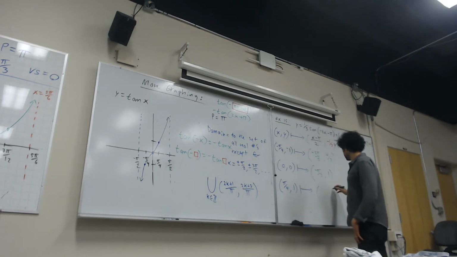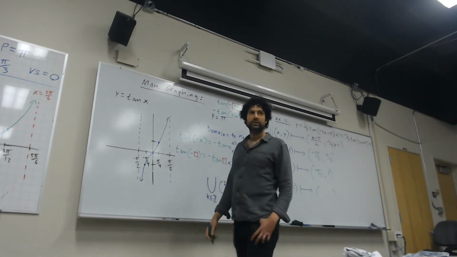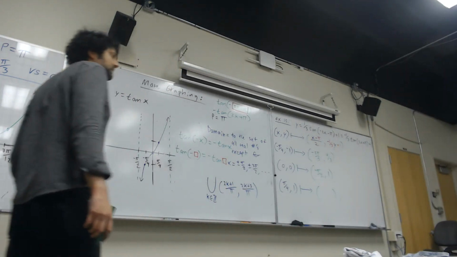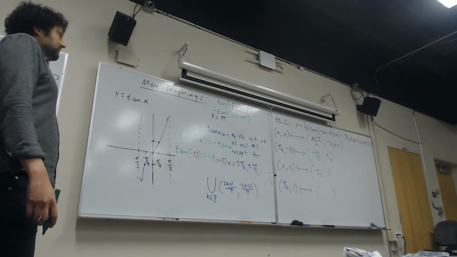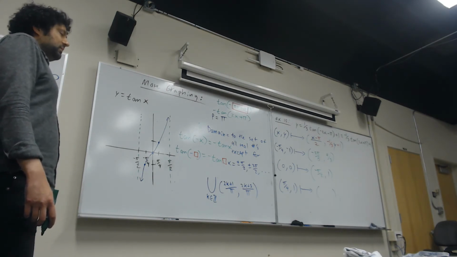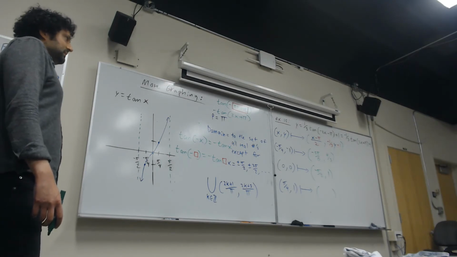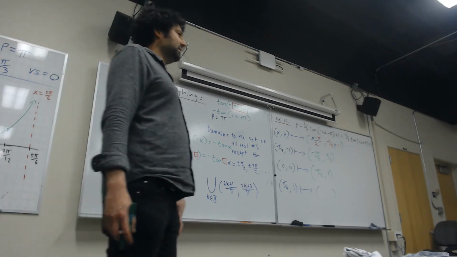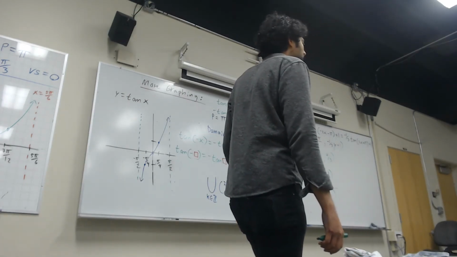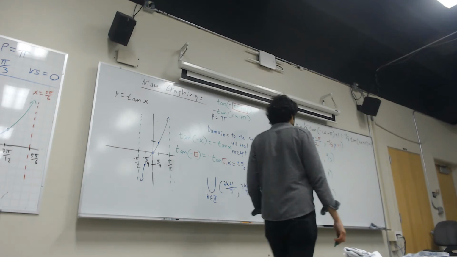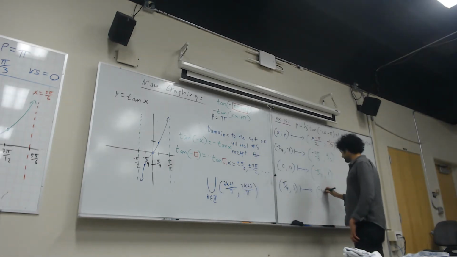Okay, and the last one, let's see where this ends up. Pi over 4 minus pi is negative 3 pi over 4, right? And negative 3 pi over 4 over 2 is negative 3 pi over 8, good.